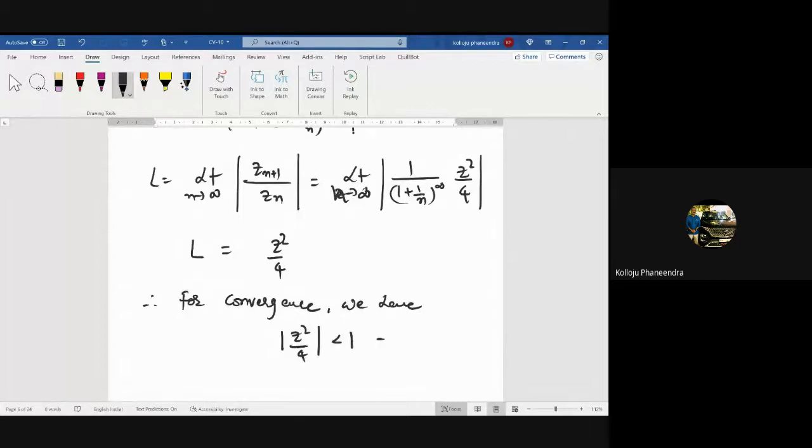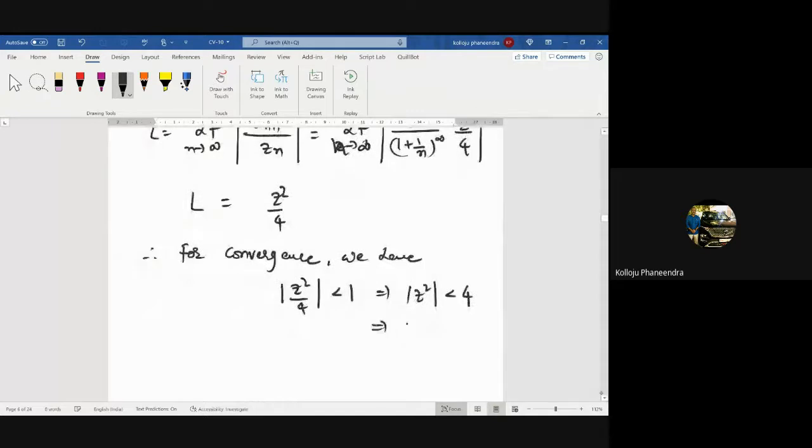That implies mod z square is less than 4. Then what does mod z become? Less than 2. Mod z becomes less than 2.